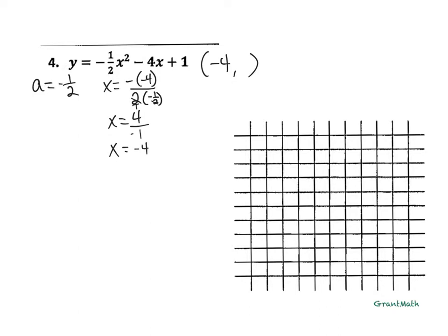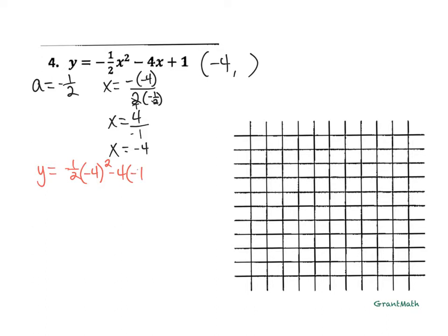Now I need to find my y. So how I'm going to find my y is I'm going to plug -4 into your standard form. Y equals -1/2 x squared, instead of x, I'm going to put -4.